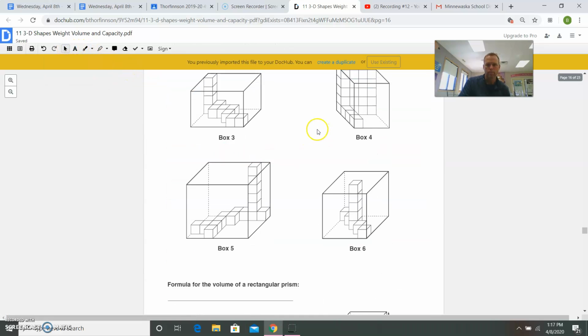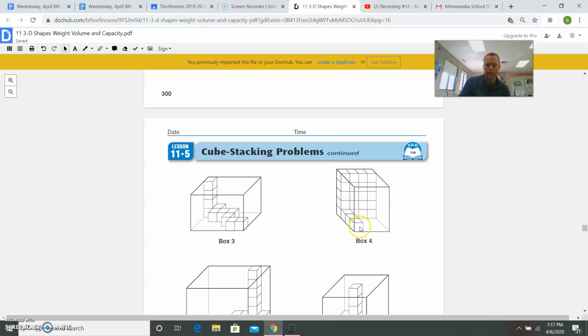Let's go back to the fourth box. If we go front to back, let's count that one first. We got 1, 2, 3, 4 front to back. And then to the side, we have 1, 2, 3, 4. So 4 times 4 is 16. It would take 16 blocks to cover the bottom. And how high do we go? 1, 2, 3, 4, 5.